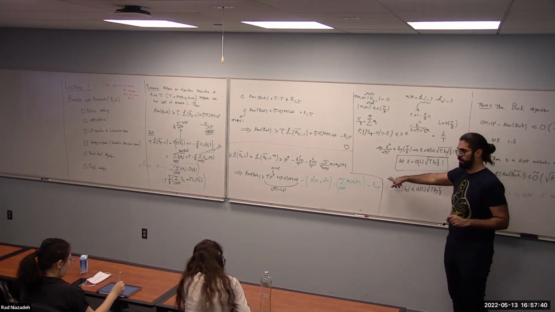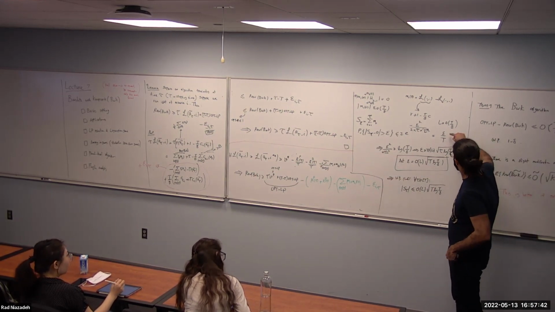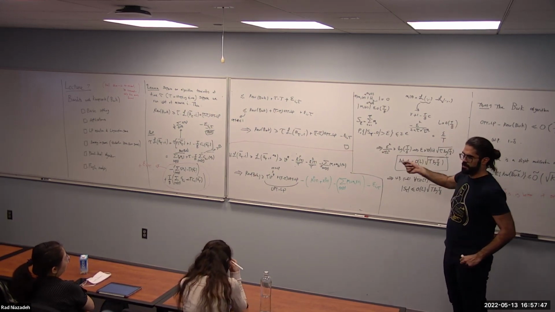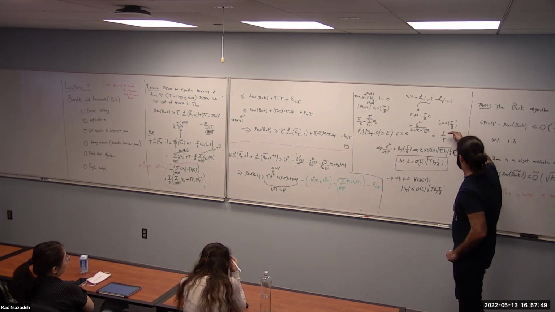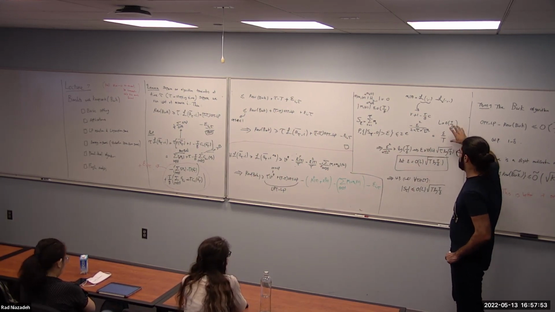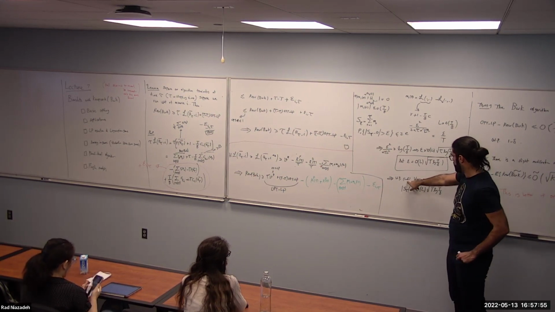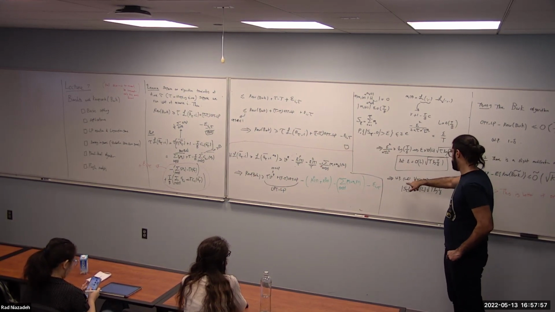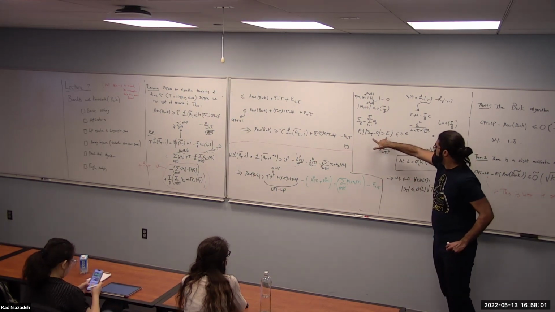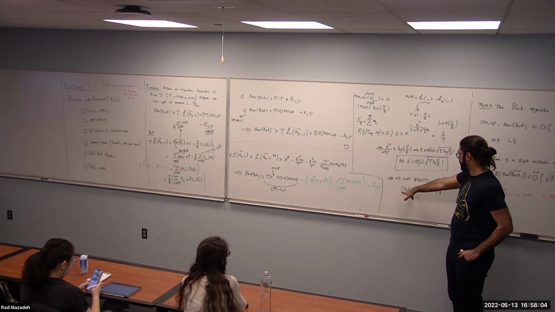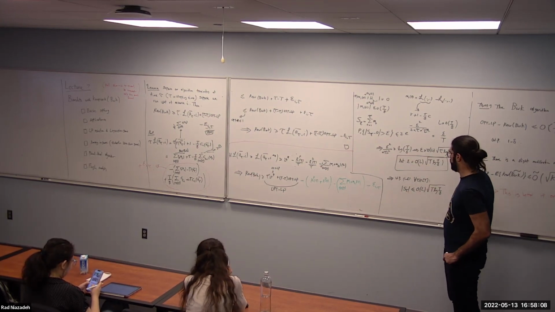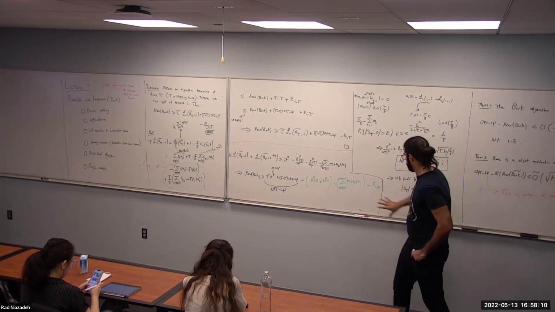Here I have used the union bound. For one particular tau, the probability of the bad event is delta over T. There are capital T number of taus. Therefore, the probability of the bad event is going to be at most delta. The probability of the good event is 1 minus delta, which is the complement of this event. So now we have control over this.